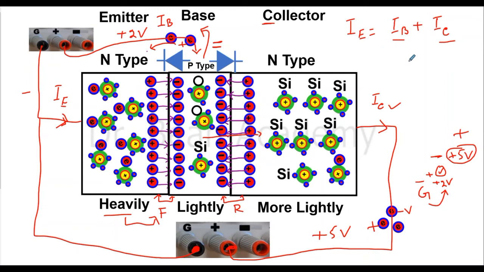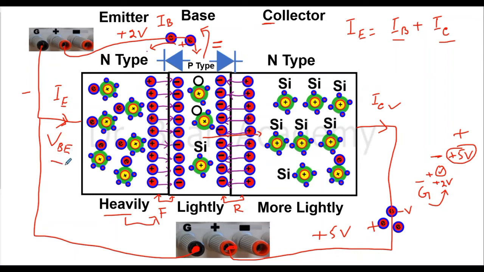So this is how we define the current. So remember these terms. And one more variable, about the voltages. You see, I have applied plus 2 volts across the base and emitter. Here I use just specific numbers, but in the next analysis we will talk about them in variables. So I will represent this voltage as VBE.